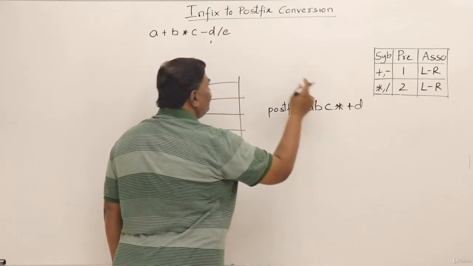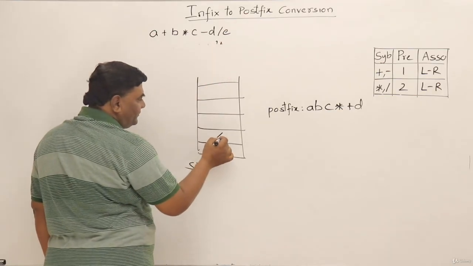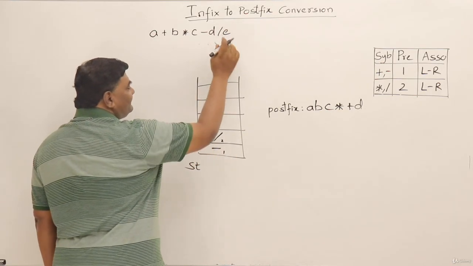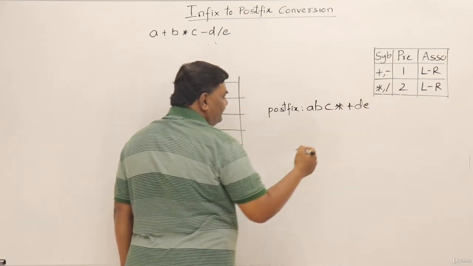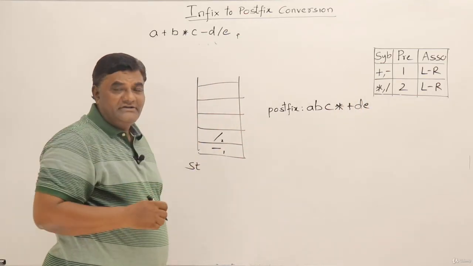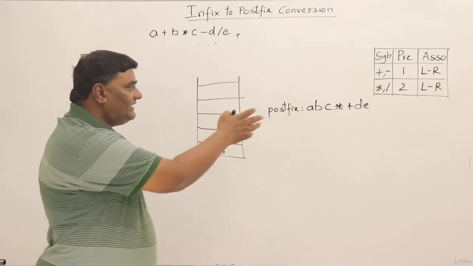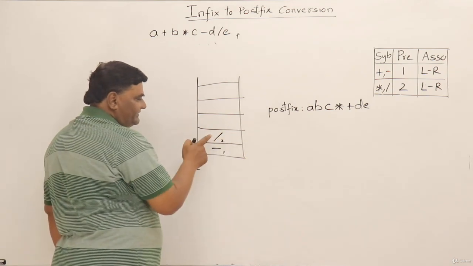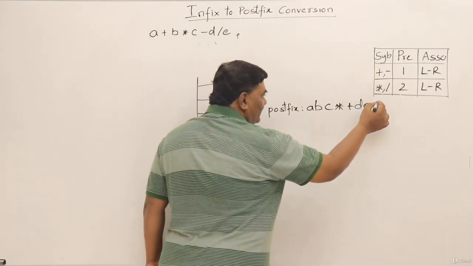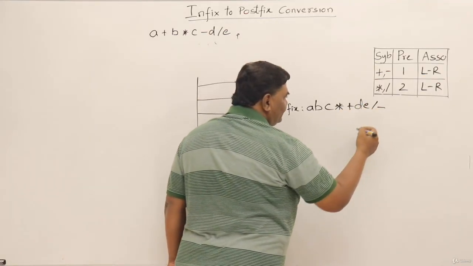Send it to postfix. Then slash, its precedence is 2. This is 1. Push it into the stack. Next is E. Send it to postfix. Then end of expression, we have reached the end of the expression. So whatever is there in the stack, empty it and go on adding the contents to the end of postfix. So slash comes out, then minus comes out, minus.